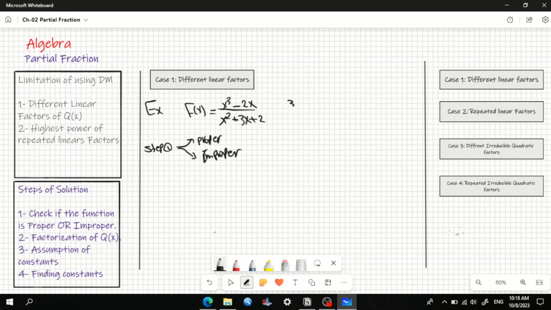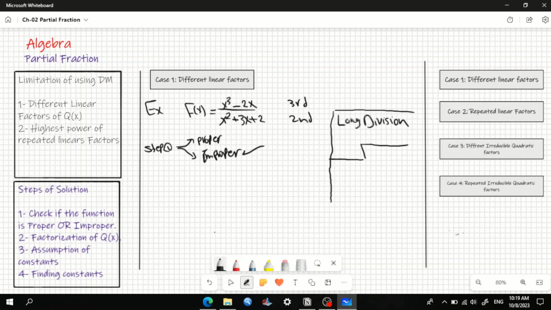Here we have third degree in the numerator and second degree in the denominator. So we have an improper function, so let's move to long division.